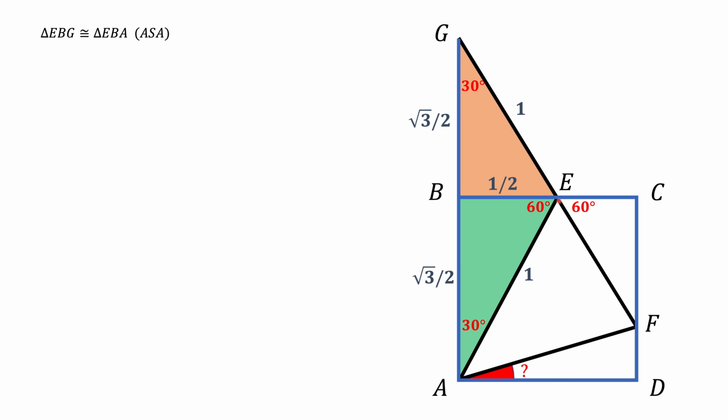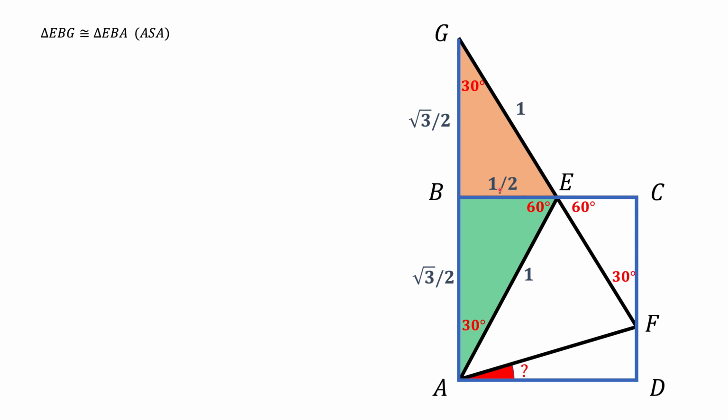The next thing we're going to do, we're going to look at triangle ECF. It's a right triangle with an angle of 60 degrees, so the other angle is 30 degrees. This triangle is also a 30, 60, 90 degree triangle. And in this triangle, we actually know one of the sides, EC.